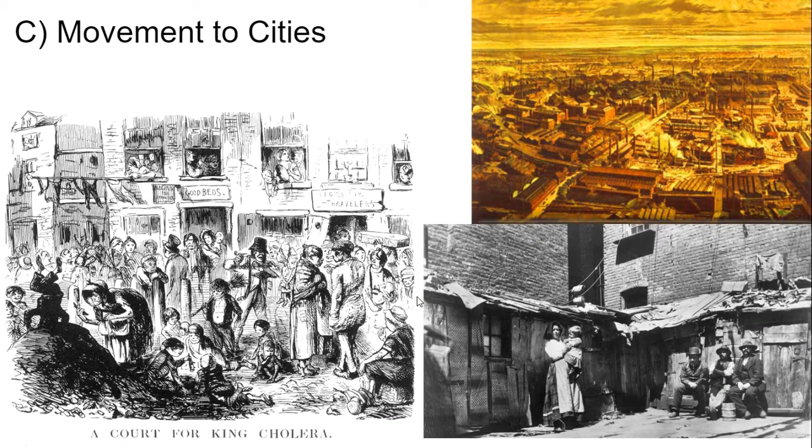All of this movement to cities, of course, creates new opportunity for people in a lot of these new factories, but is going to create a whole host of problems that are going to necessitate solutions. Obviously, pollution is going to be a factor in these new industrial cities, as is substandard housing and poverty. An increase in the number of workers means that they're not going to be able to demand high wages.